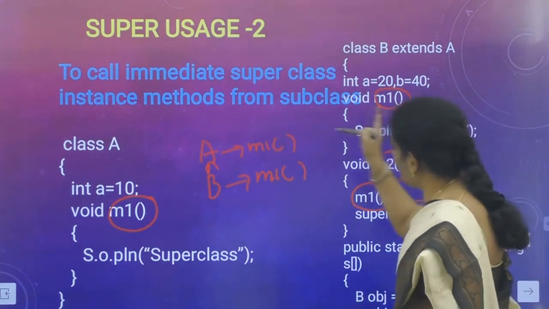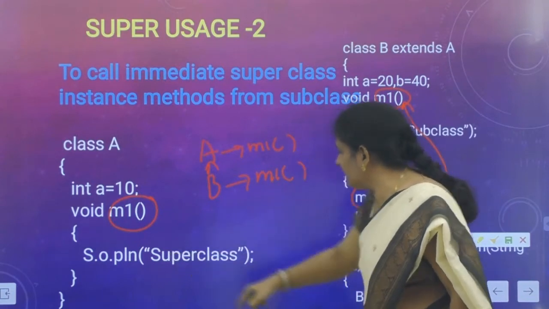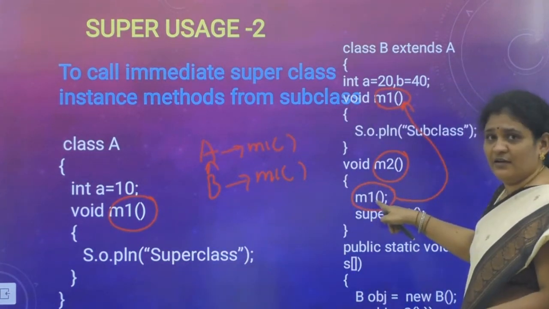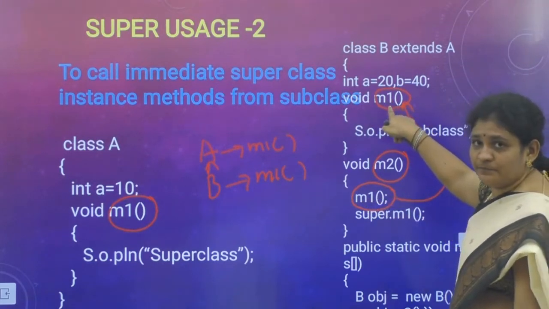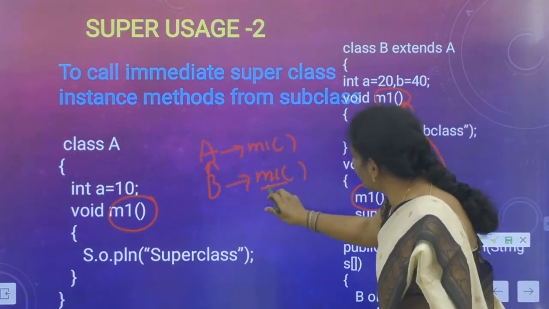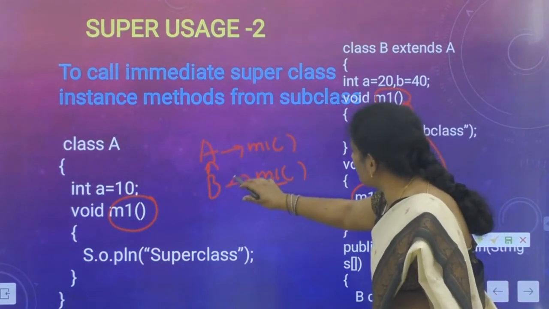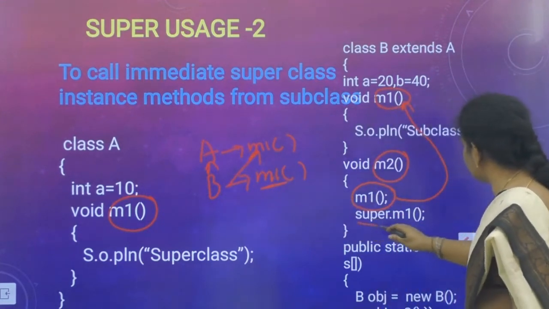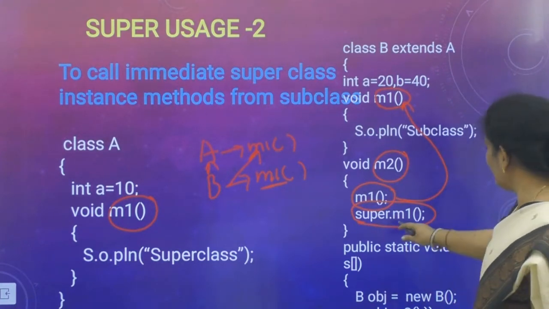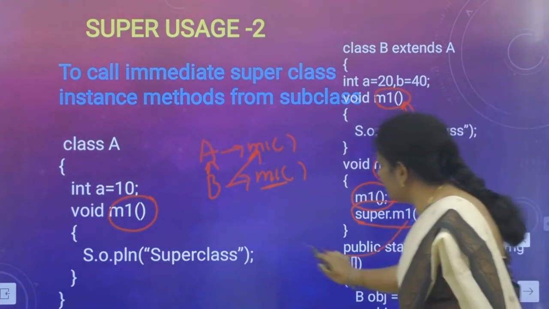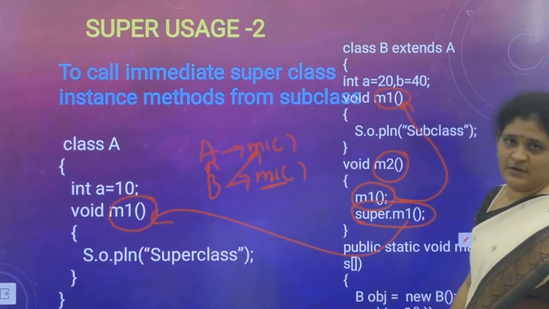Okay, what if I want to call the superclass instance method? I cannot directly call with just M1, because if I call just M1, this method will get called if I call from B. What if I want to call this method? Then I have to compulsorily use super.m1. If I try to call super.m1, then it refers to this instance method.